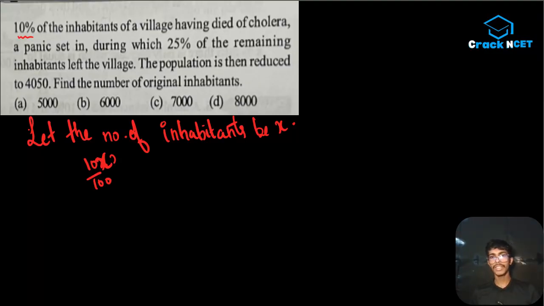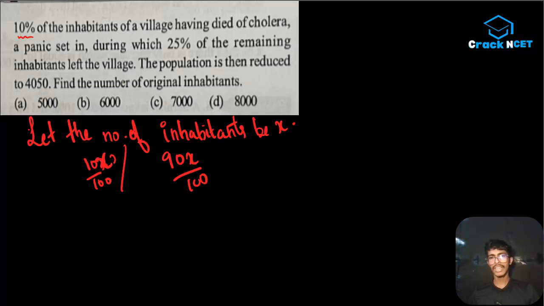So 10x by 100 died of cholera, which means that 90x by 100 is left. Okay? Initially 90x by 100 is left, which means 90% is left.